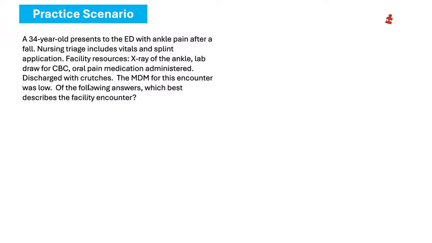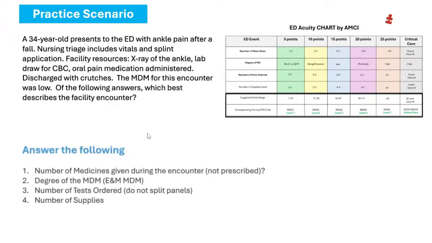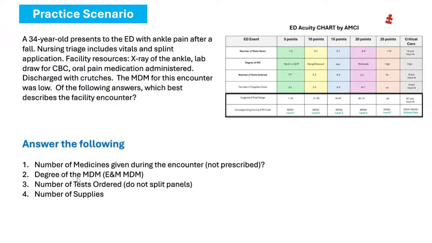Patient was discharged with crutches. The MDM for this encounter was low. Of the following answers, which best describes the facility encounter? So we've got a code for the facility. This is a simulated facility report, and we're going to use this acuity chart and answer the questions.